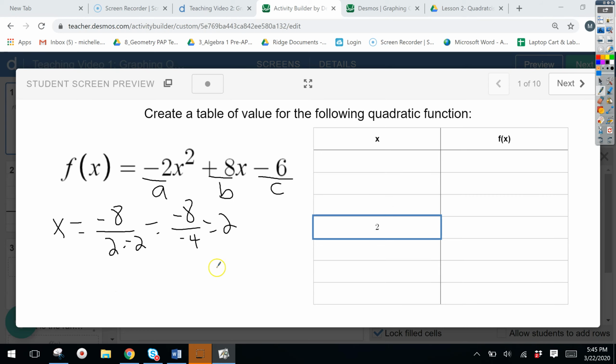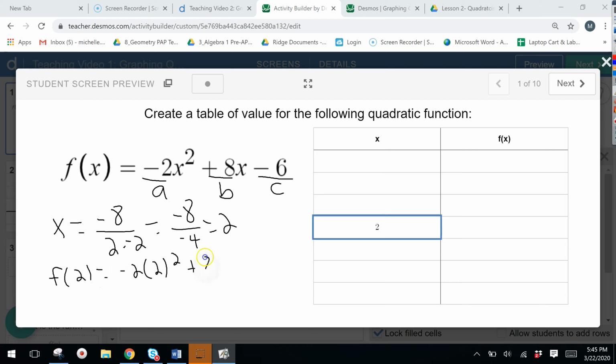Now what we're going to do is plug in this 2 and get out the y value of the vertex. We're going to plug it into this equation, so we're going to find what f of 2 is. That gets us -2 times 2 squared plus 8 times 2 minus 6. Well, 2 squared is 4, plus 16 minus 6.